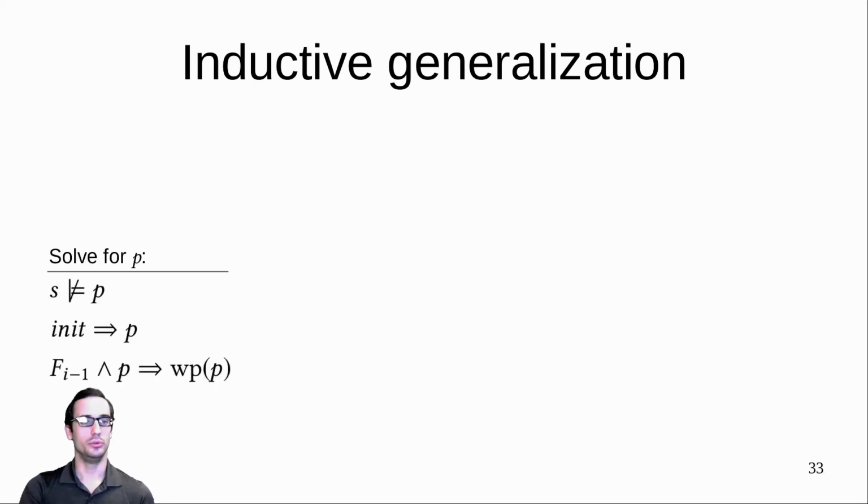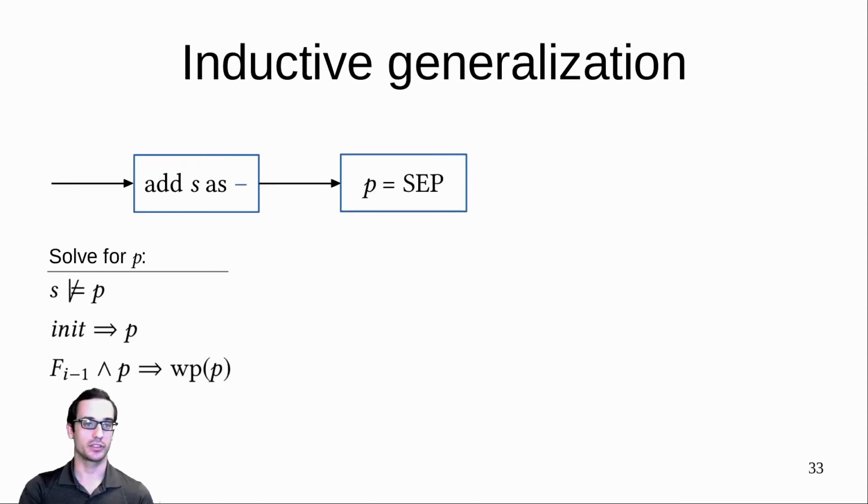Now, in order to solve these equations, we're going to use a series of separation queries, and we're going to accumulate constraints until the separator P is a solution to these equations. Concretely, we're going to start by adding S as a negative constraint, and then we're going to ask for a separator P. We're going to pass the equation init implies P to an SMT solver, and this SMT solver is either going to say yes, this equation is correct, or no, and give us a concrete counterexample.